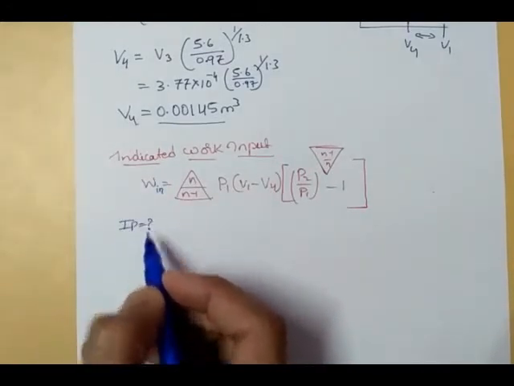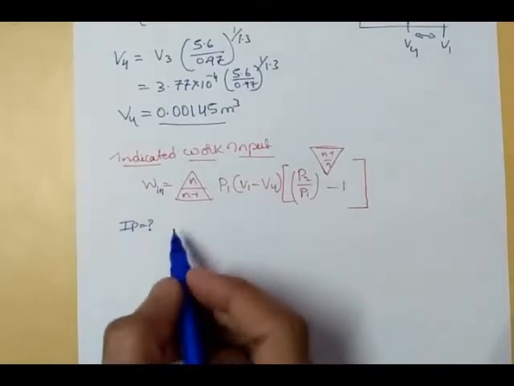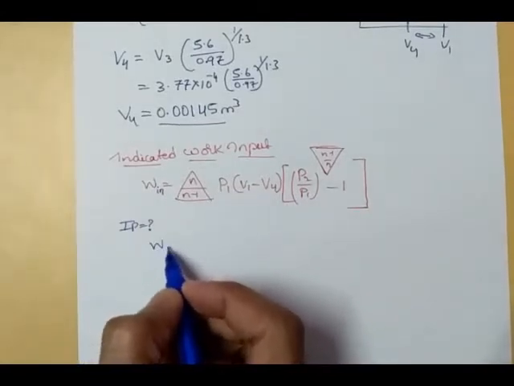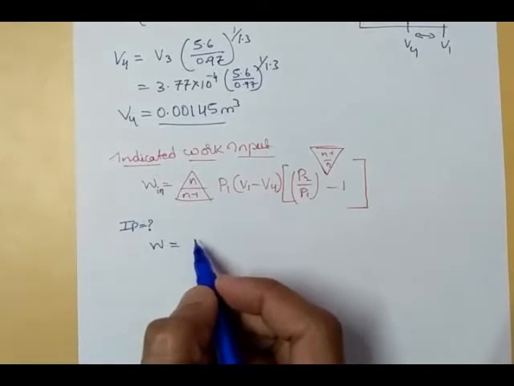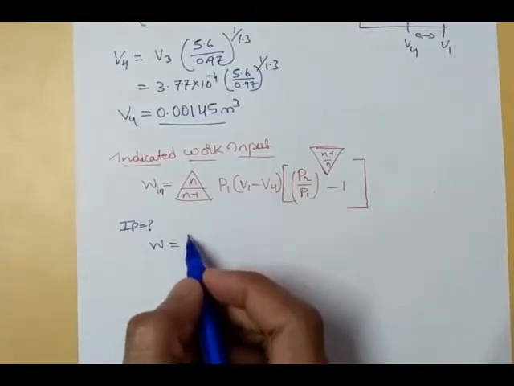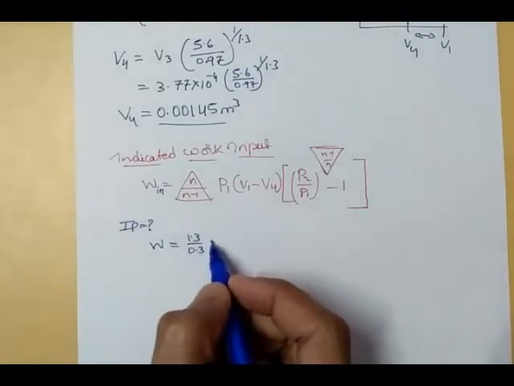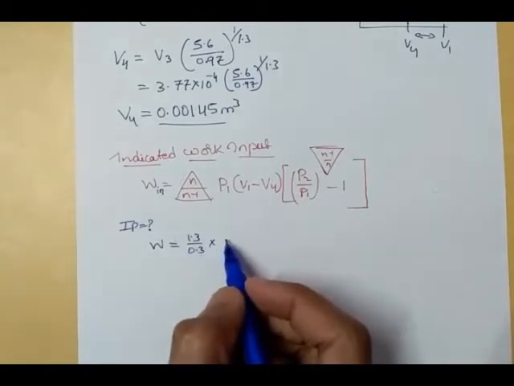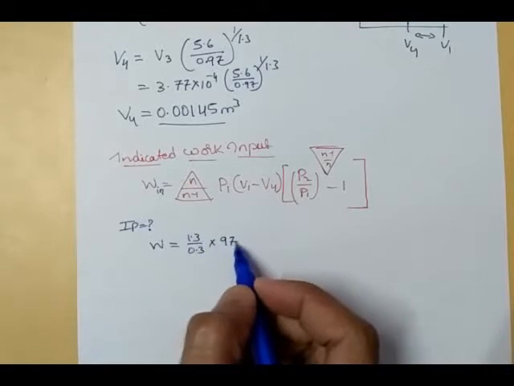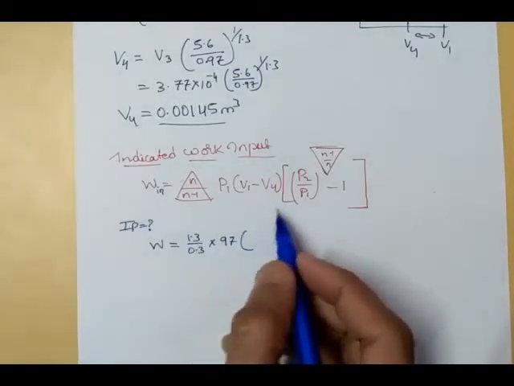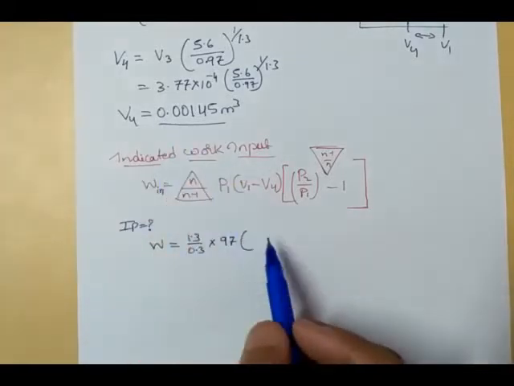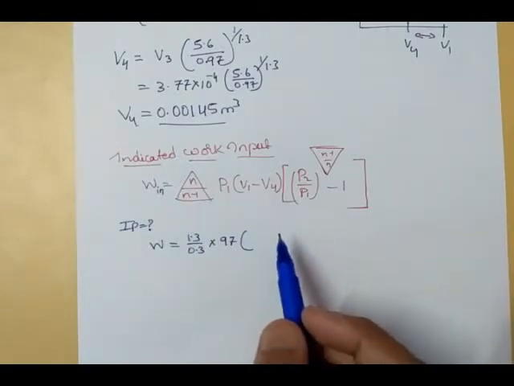We should calculate IP, but first we'll calculate W. W is equal to 1.3 by 0.3 into 97 into V1 minus V4. We have calculated V1 minus V4, we have to substitute.